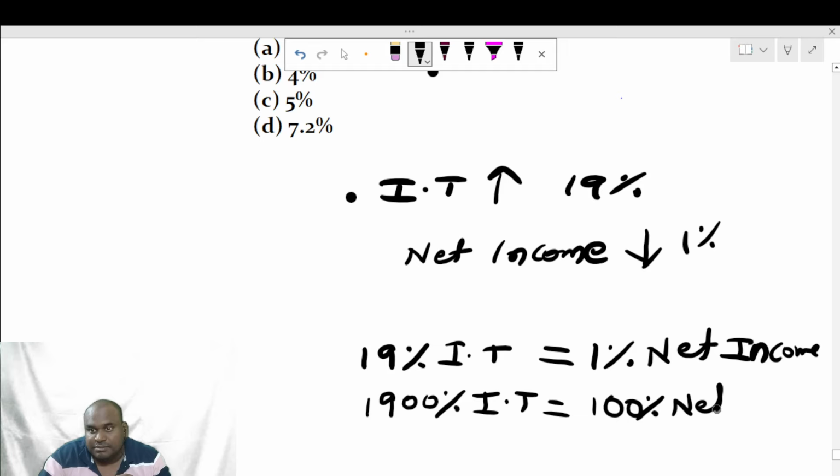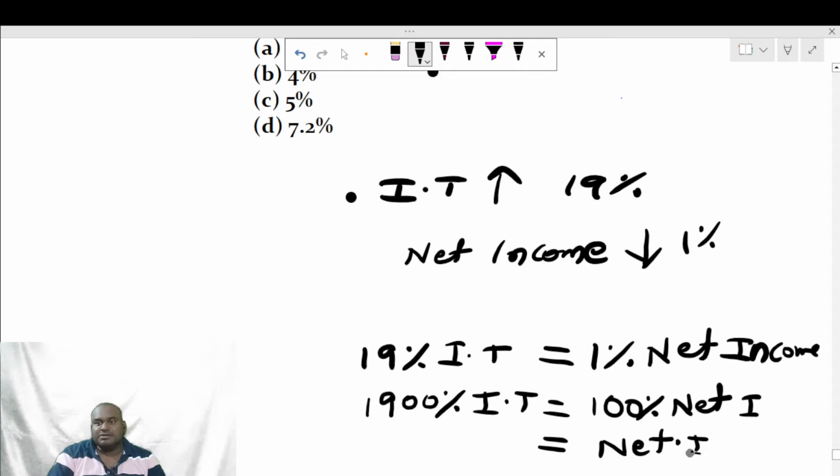100% of net income is nothing but net income itself. 100% of my salary means what? My salary itself. 100% of something is that itself. So that is equal to 1900% of income tax.